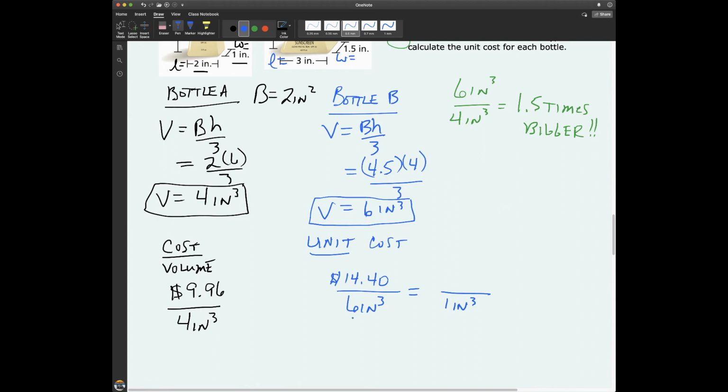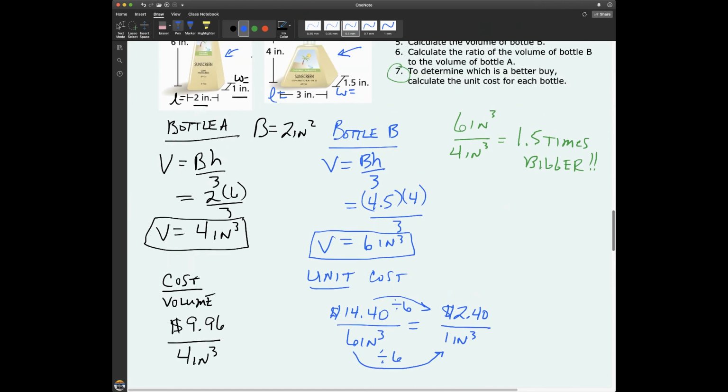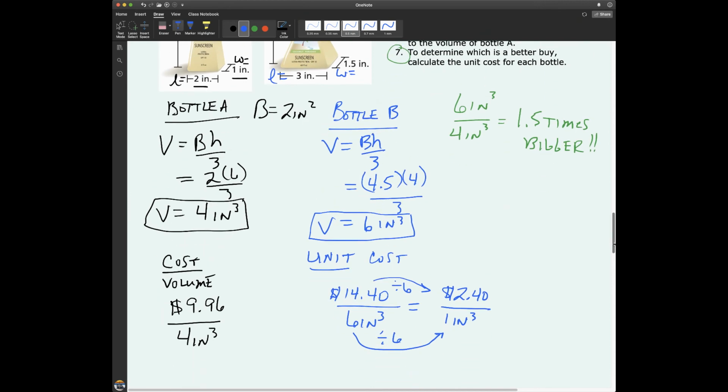And so to go from 6 to 1, I need to divide by 6, which means I need to divide the numerator by 6. And when you do that, you get $2.40. So for 1 cubic inch of the sunscreen in bottle B, it costs $2.40.